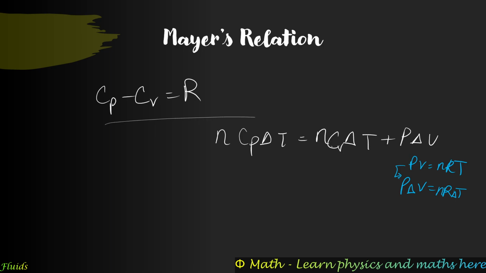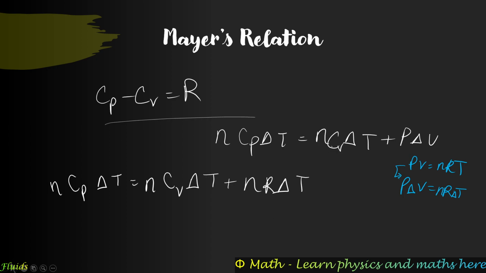Just substituting P delta V into this, we get n Cp delta T is equal to n Cv delta T plus nR delta T. As you can see from here, n and delta T get cancelled, and we have Cp is equal to Cv plus R, or we can say Cp minus Cv is equal to R.